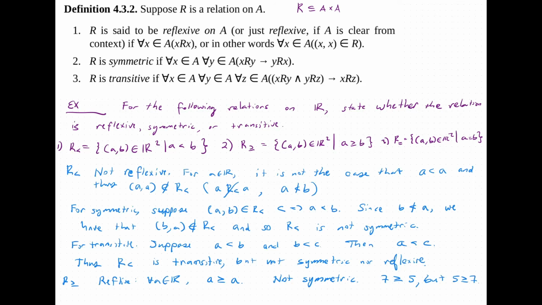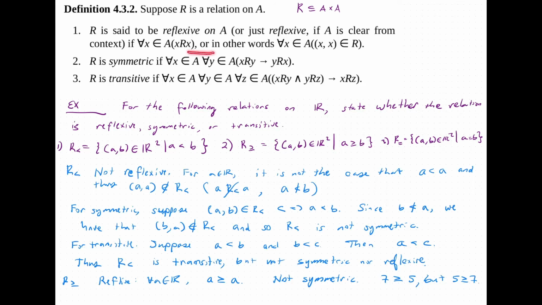Now, the main thing about this is that unlike the first example with less than, in that case, it is never the case it's symmetric. Now, with the greater than or equal to, in this example, we could have chosen 5. 5 is greater than or equal to 5, in which case it does satisfy that symmetric property.